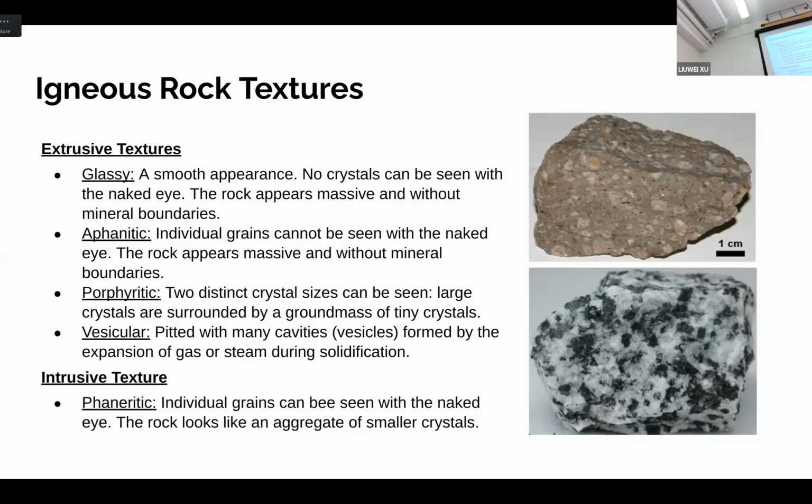See, this is granite. This is one kind of intrusive rock. You can see the crystals on this rock. But this one is one type of extrusive texture. On the surface of this rock, you cannot see any crystals.